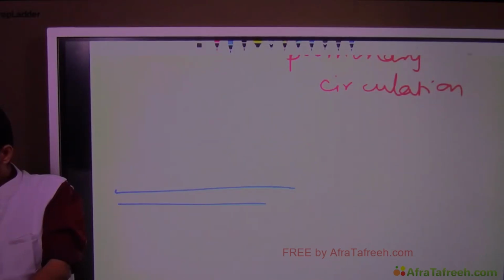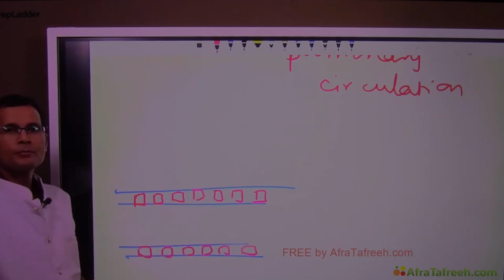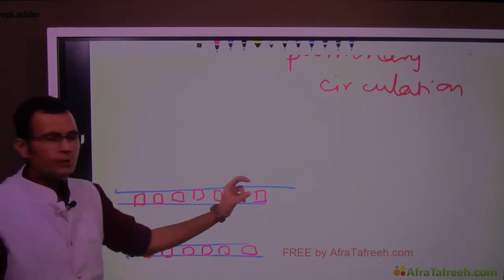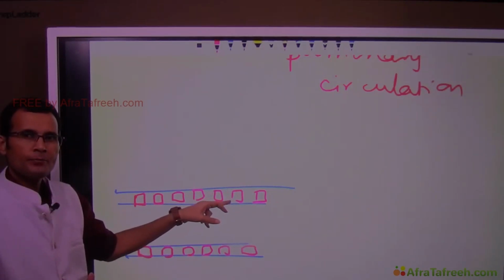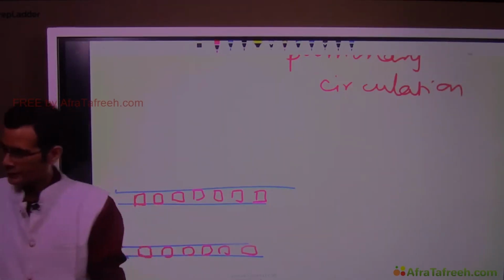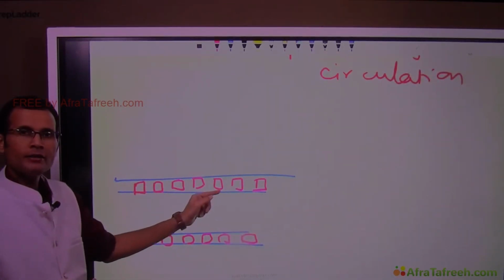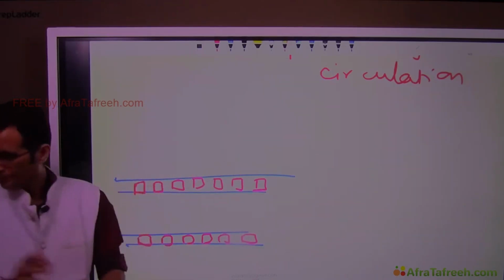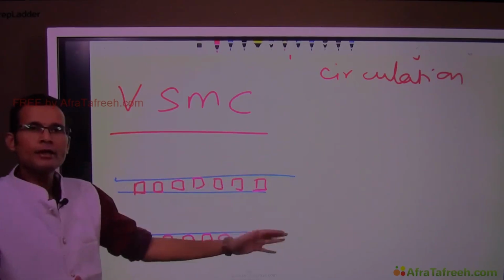In the blood vessels, there are smooth muscle cells that line the blood vessel walls. Here is a blood vessel shown, its cross-sectional view, and the smooth muscle cells have been shown lining up the wall of the blood vessel. In the membrane of these smooth muscle cells, we are looking at the channels. I am calling it VSMC, vascular smooth muscle cell.